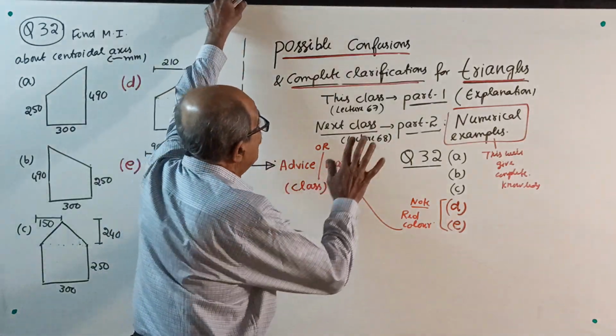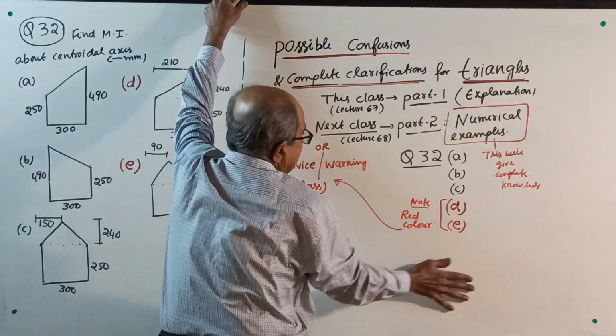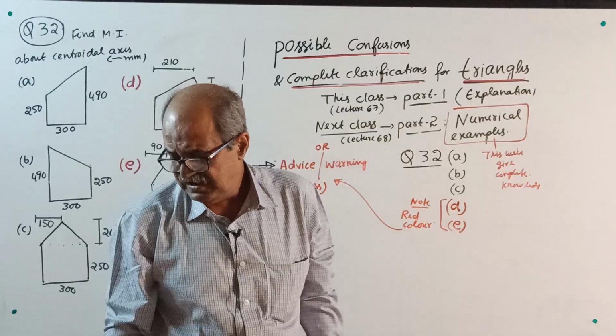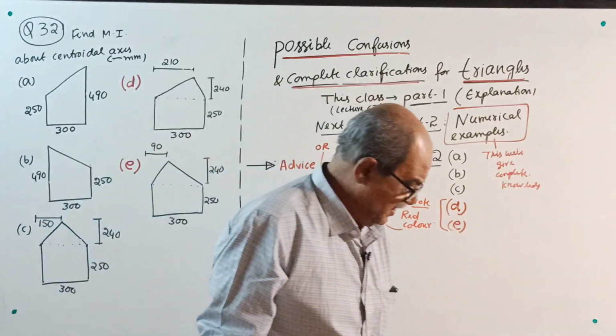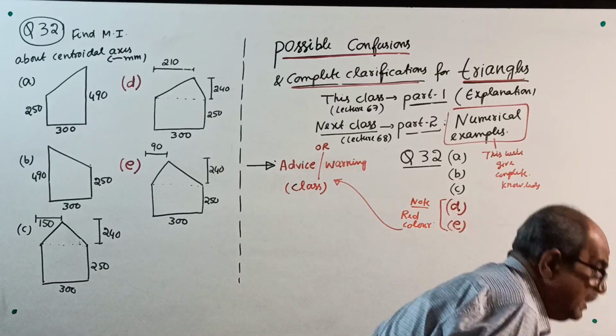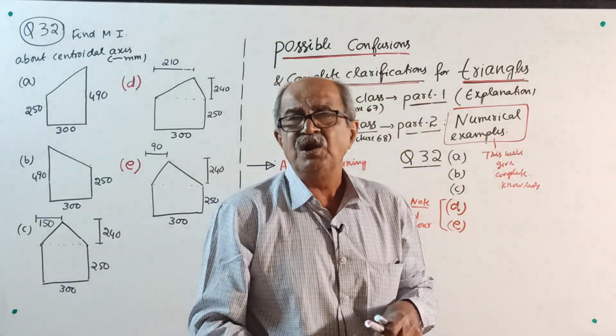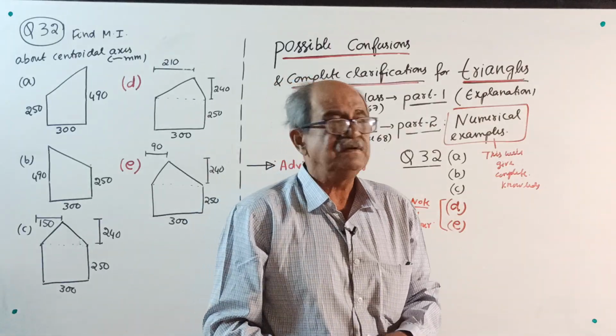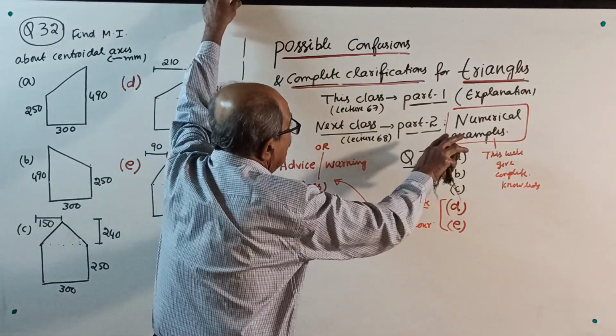When I take class so seriously, I take it so that each and everybody will understand. Nobody will get confusion. I know where students will get confusion, and I will clarify it. So, this I will remove now.